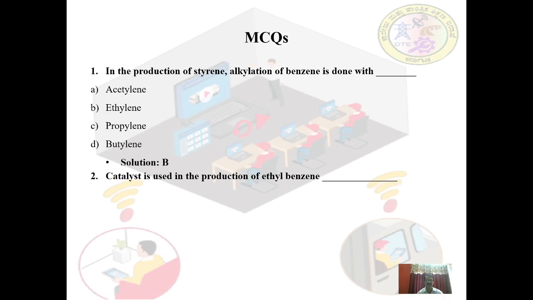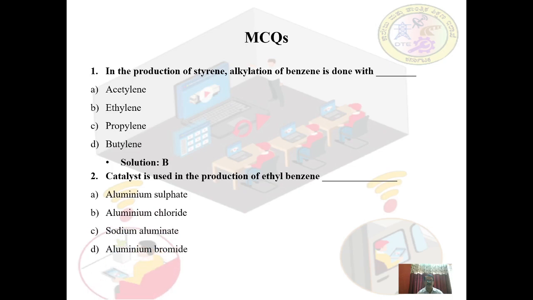Second question, the catalyst used in the production of ethyl benzene is dash. The options are aluminium sulfate, aluminium chloride, sodium aluminate, and aluminium bromide. The right answer is option B, that is aluminium chloride.